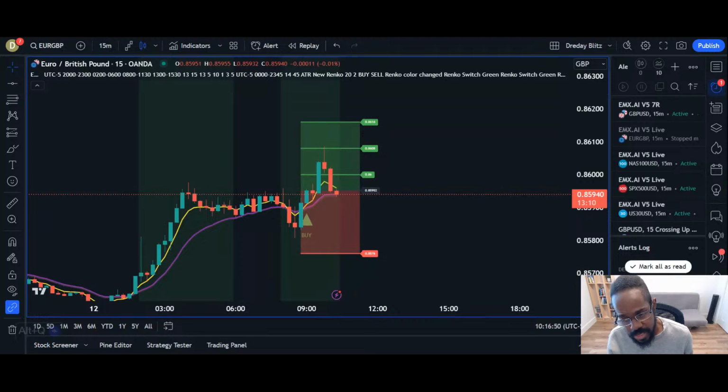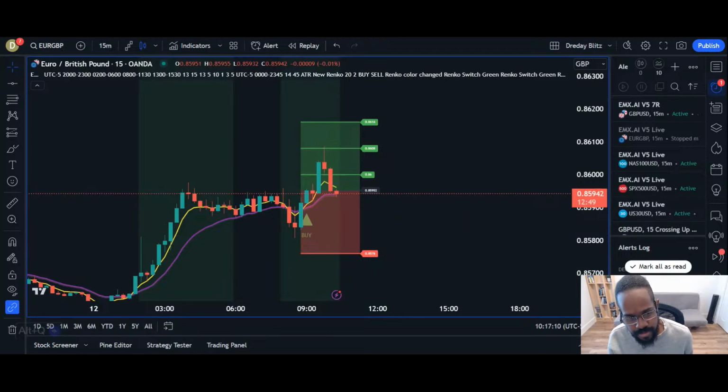Even for the indices, focus on the indices that are in that session. German 30 or DAX 30 is good, UK 100 is good too, and the Swiss 20 is good.